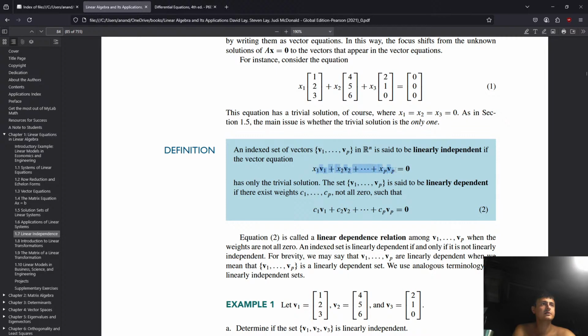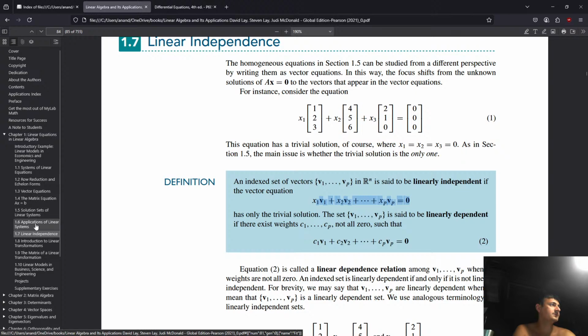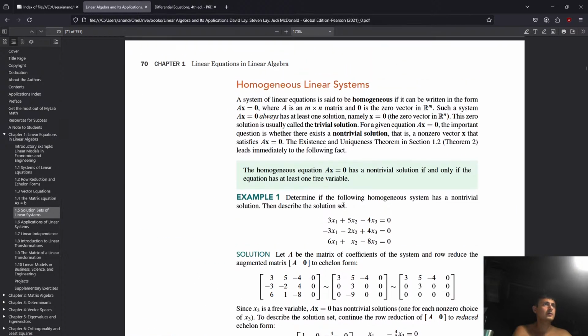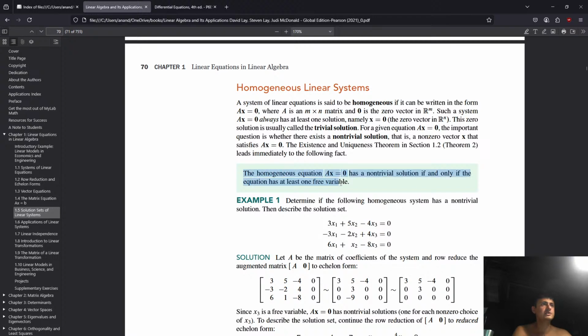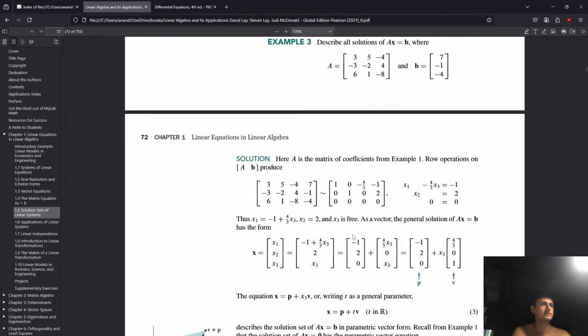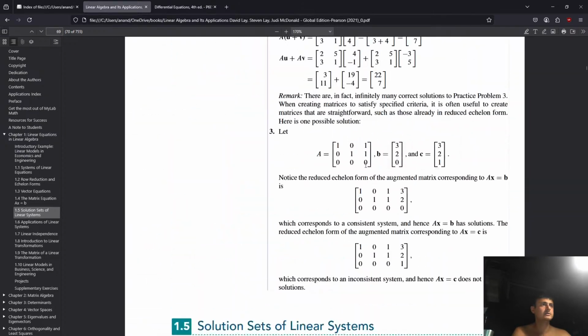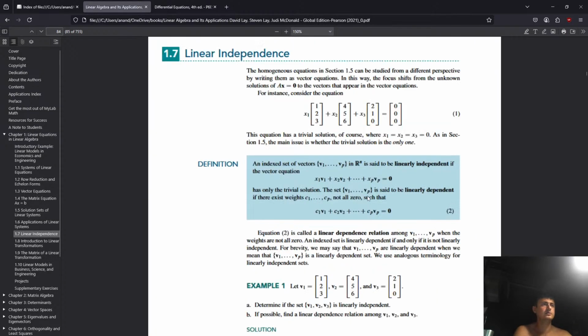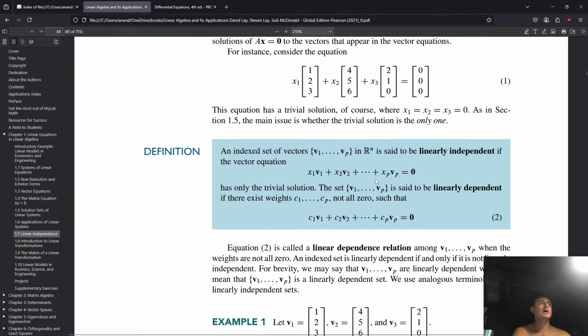So this equation, which is the vector form of Ax equals 0, is the same as this theorem: the homogeneous equation Ax equals 0 has a non-trivial solution if and only if... So it's the same thing as saying what? Anyways, that's cool. Linearly independent if the only solution to the vector equation is 0.